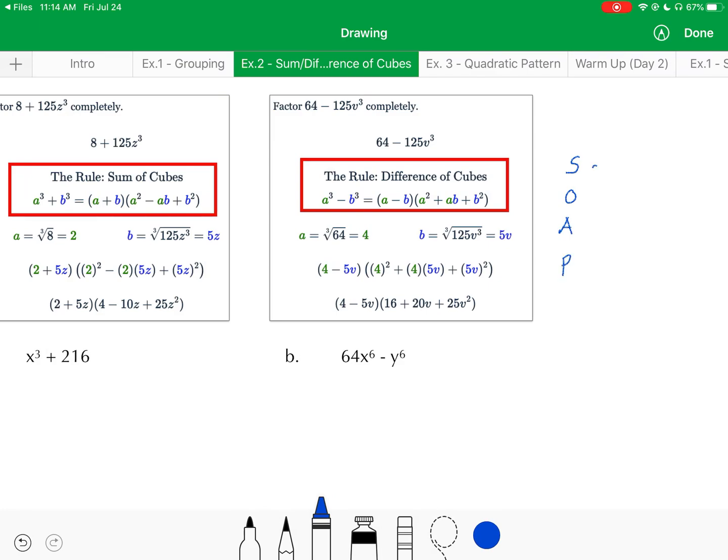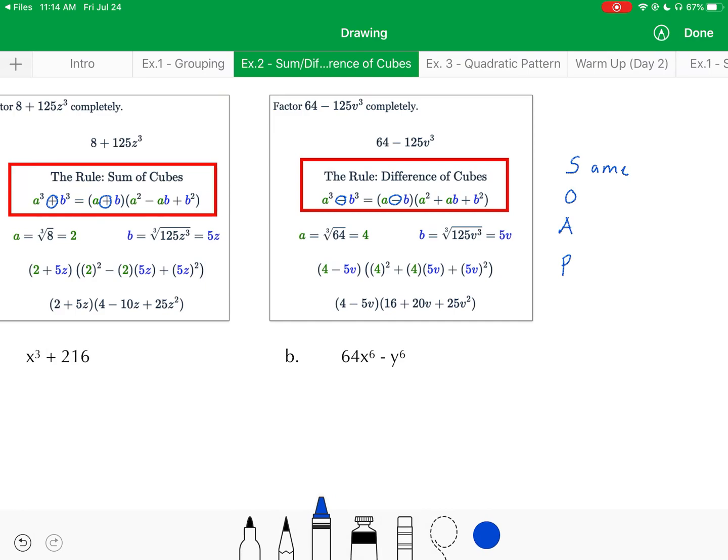The S stands for same, and here's what that means, okay? In your binomial factor, notice that the sign right here is the same as the original sign, and that applies over on the difference of cubes as well. That's the same as right here, okay?